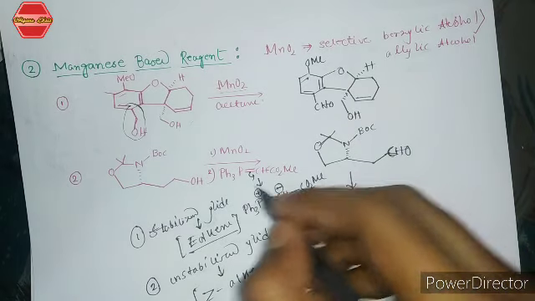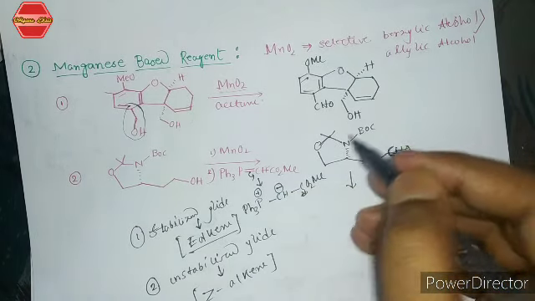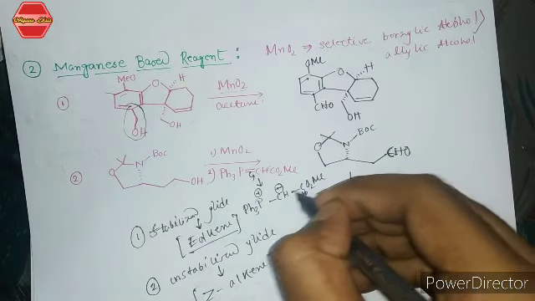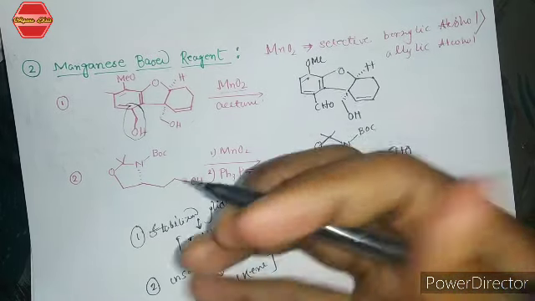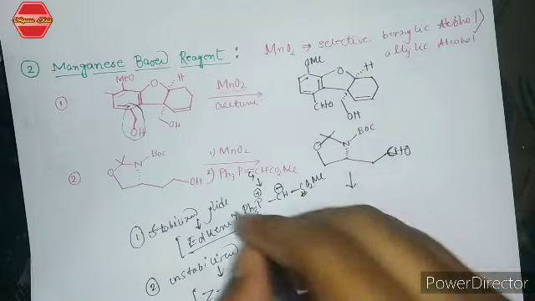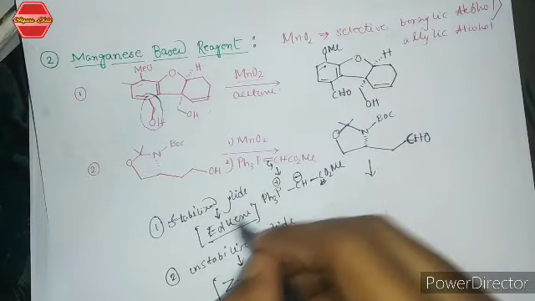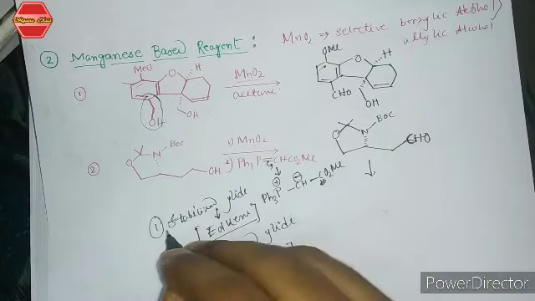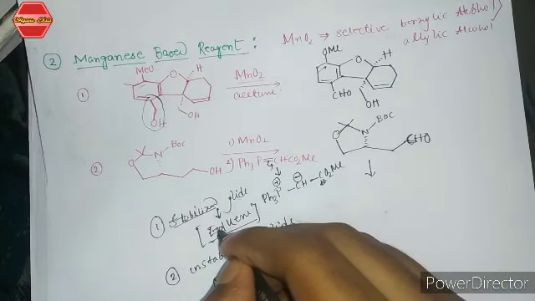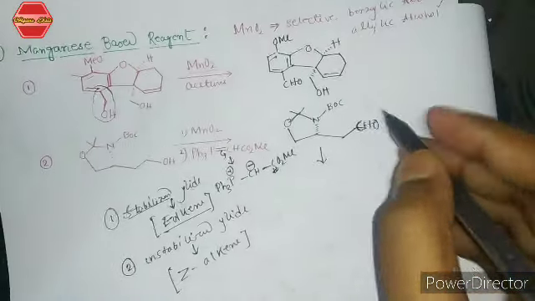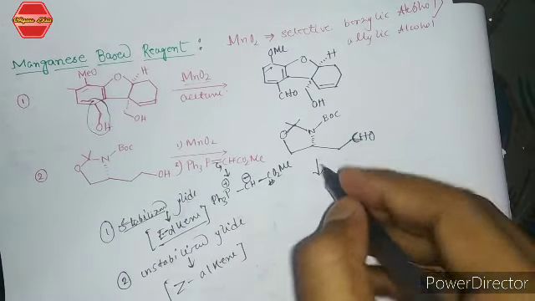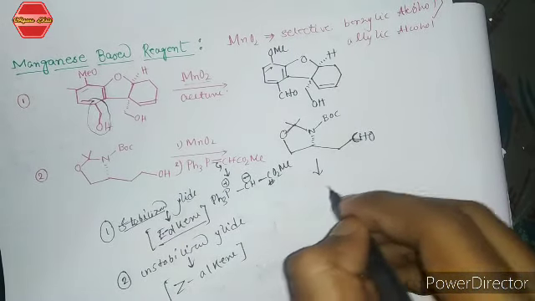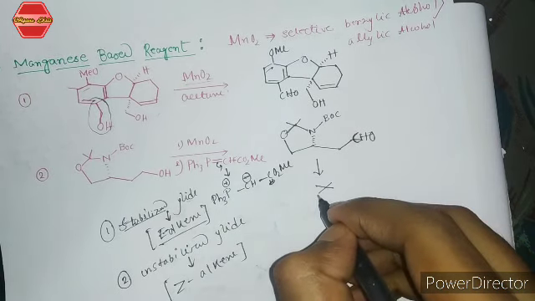If an electron donating group is present at this position, it will be unstabilized. So this is your stabilized ylide, and a stabilized ylide always gives the E-alkene selectively. So this ylide is stabilized, and it generally gives this E-alkene. So this is your product.